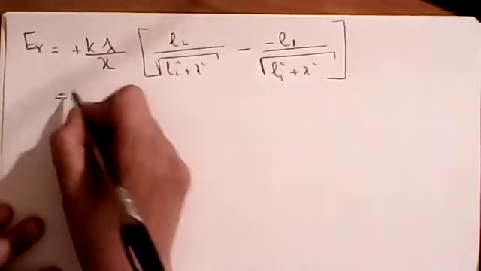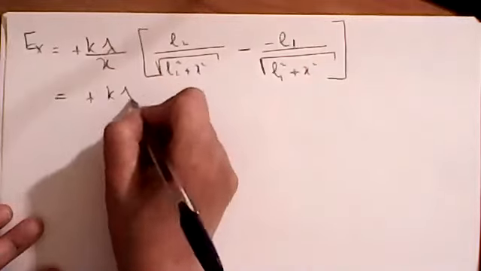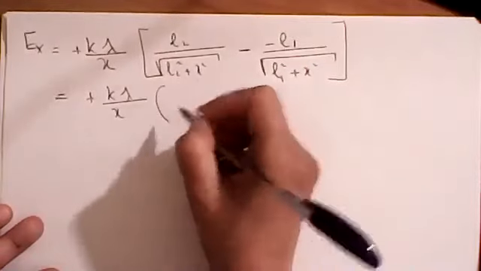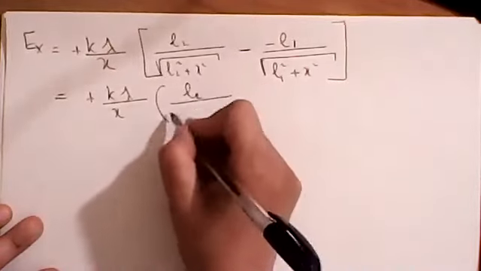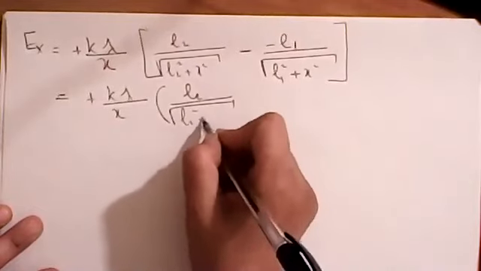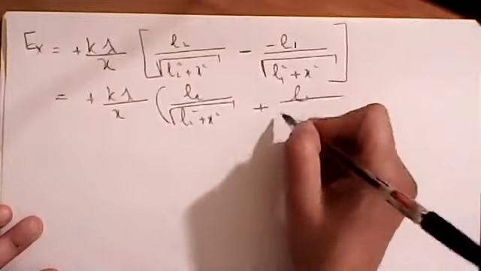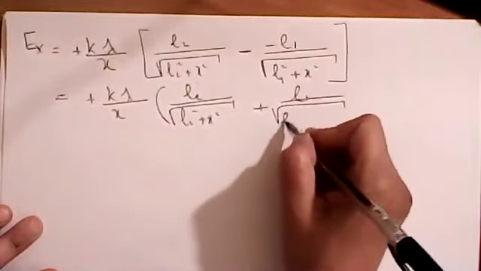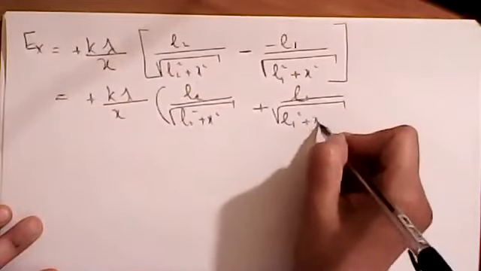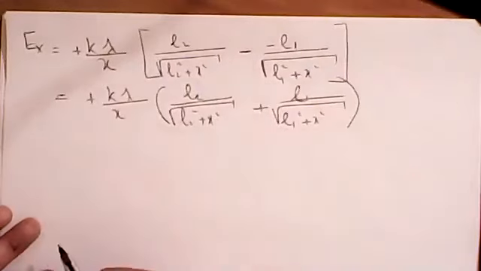We can rearrange it. It's plus k lambda over x into L2 over radical L2 square plus x square plus L1 over radical L1 square plus x square, close the brackets.